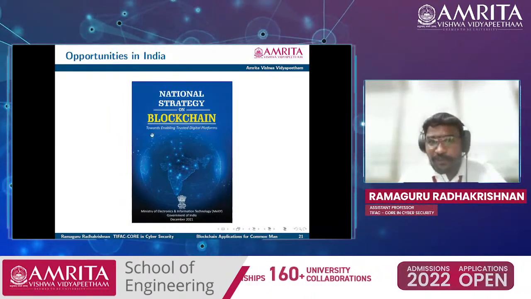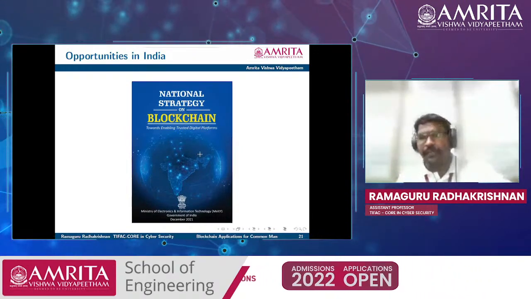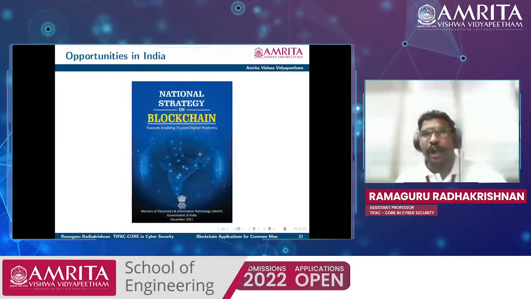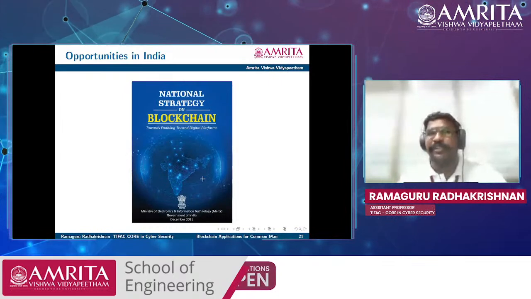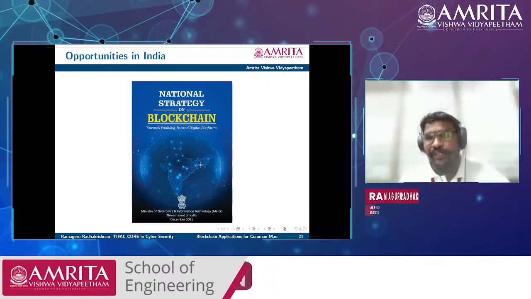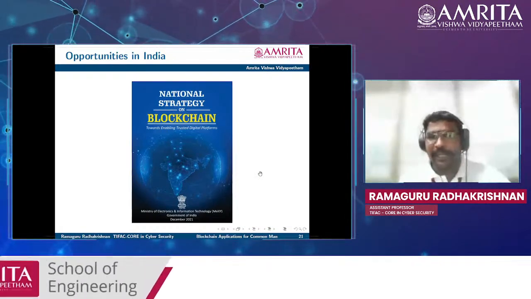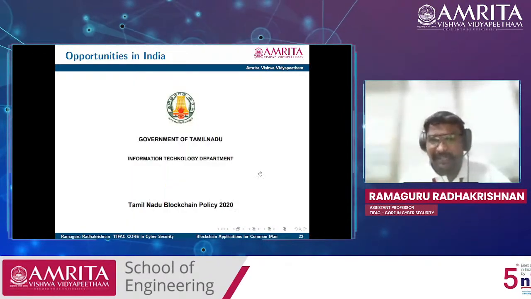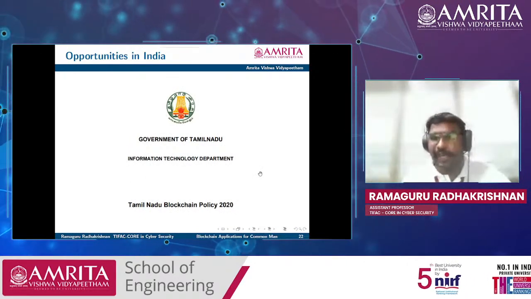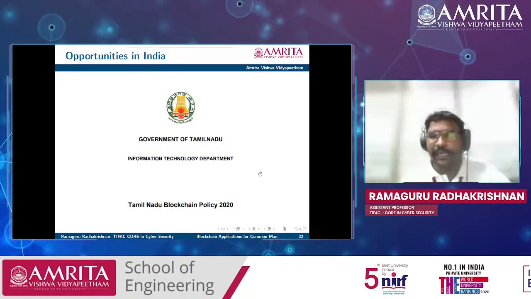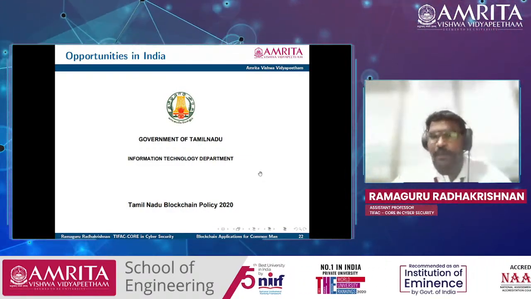Of course, all the applications I have told, like blood donation, identity, land management system, or hospital management system, are some of the things that even the Government of India is focusing on so that it can majorly benefit the citizen. Which is e-governance, right? There are states like Tamil Nadu and Telangana who are taking a very good lead, and they've even created blockchain policy for their respective states.